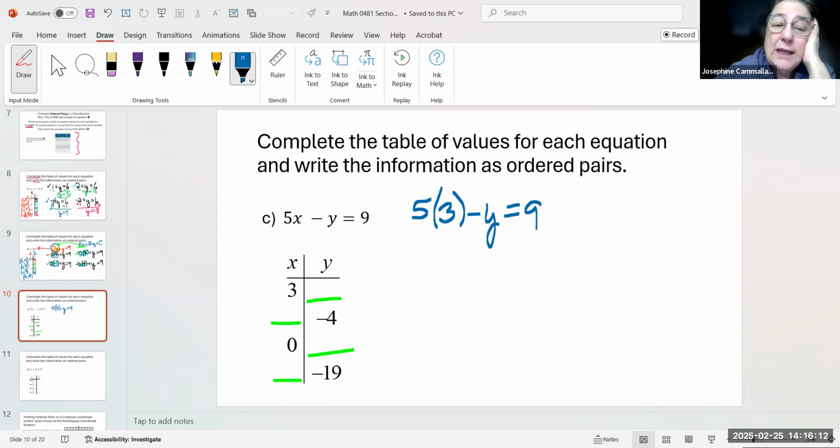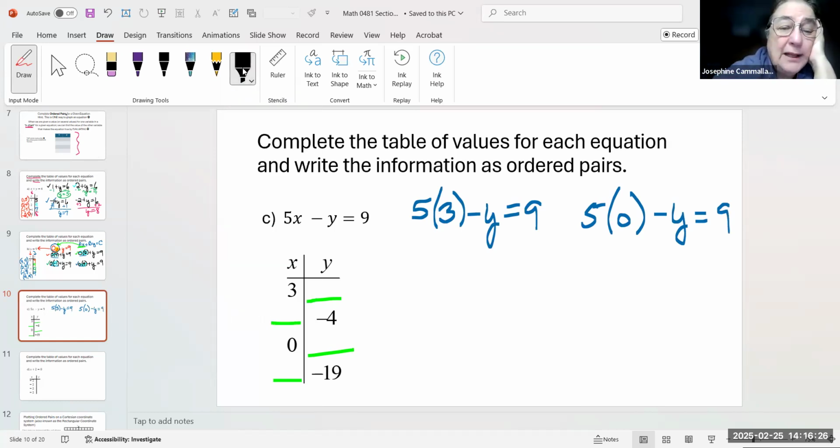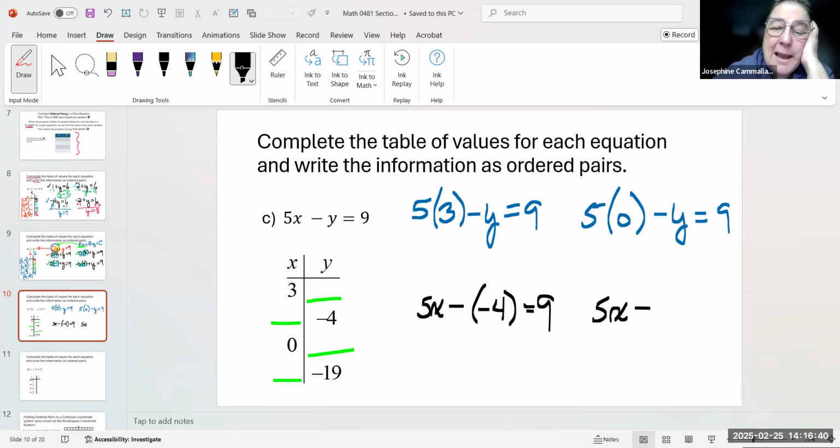Now I'm going to go 5 times 0 minus y is equal to 9. Those are my x's. And then I have my y values. Well, this is 5x minus a minus 4 is equal to 9. And I have 5x minus a minus 19 is equal to 9.